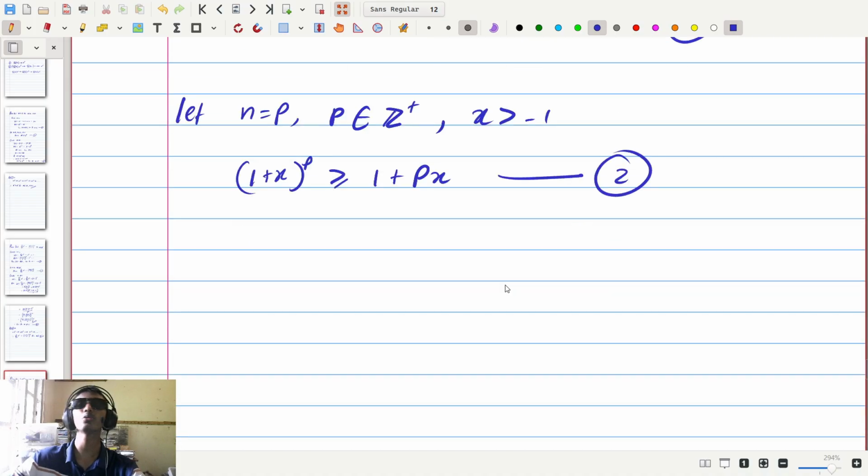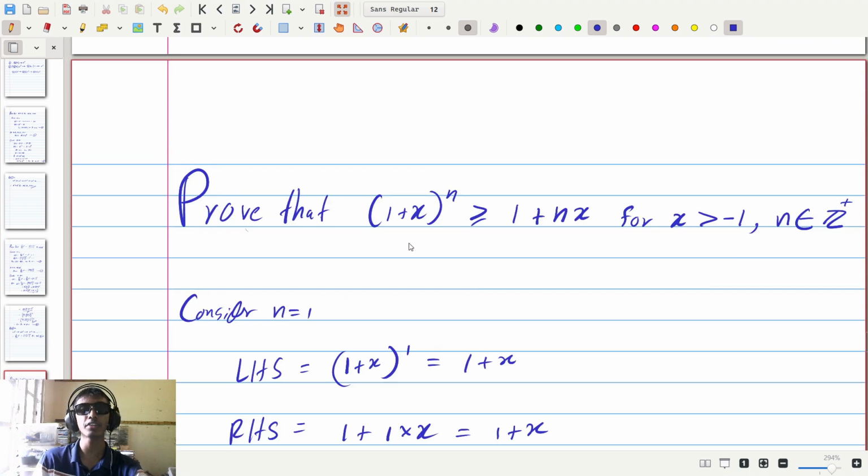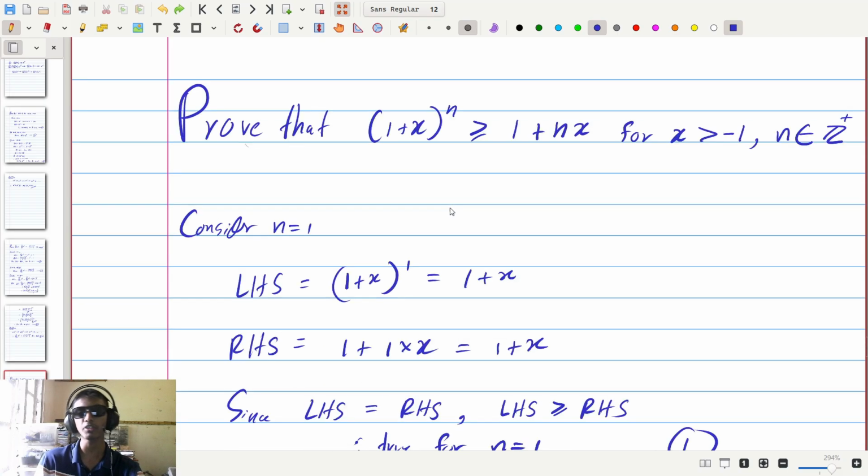So now what we need to do is to consider the next value of n, which is going to be p plus 1. So next, let's consider n equals p plus 1. Considering n equals p plus 1, what we need to show is that the left hand side, which is 1 plus x to the power of n, is greater than or equal to 1 plus nx when n is equal to p plus 1.